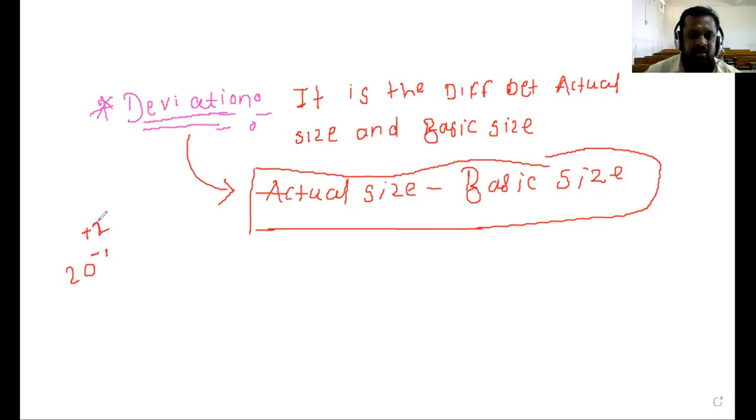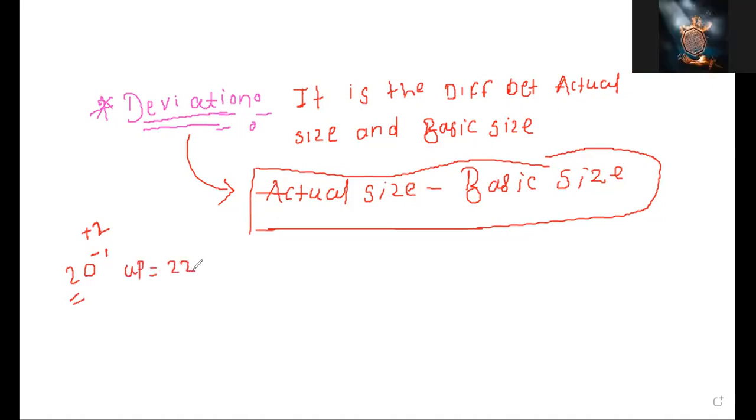Actually the limits will be in decimals, not in this manner, but for your understanding I will explain it. Then tell me, what is the upper limit here? 22. And the lower limit? 19.